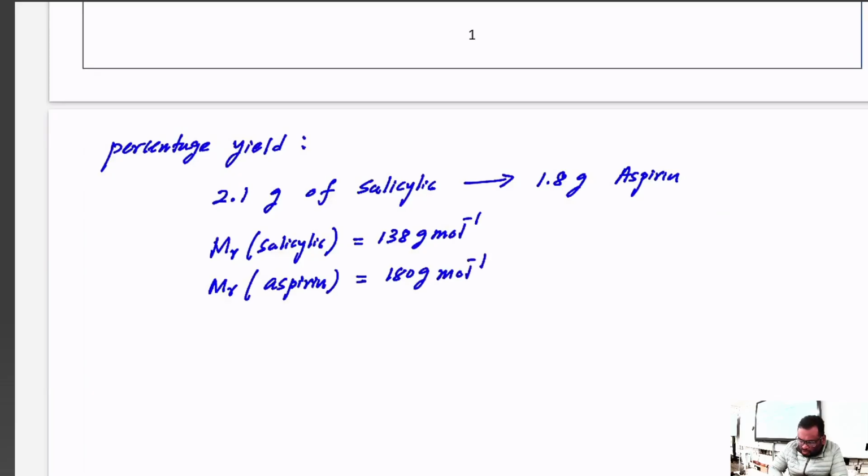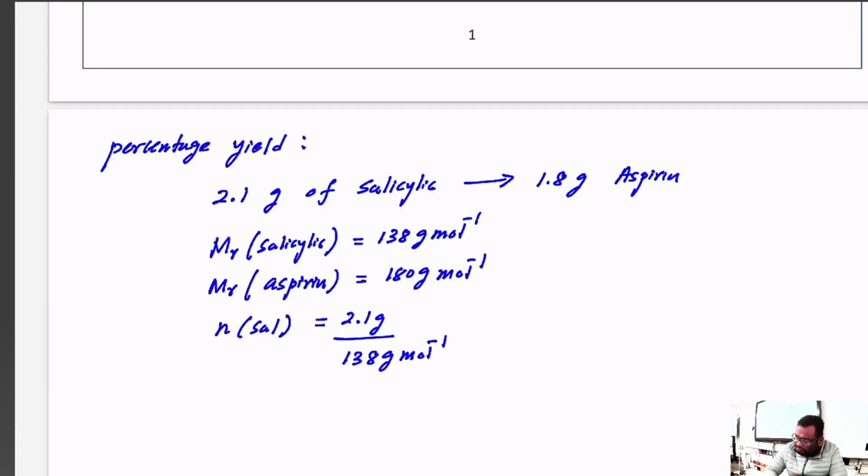So moles of salicylic acid is equal to 2.1 grams divided by 138 grams per mole.